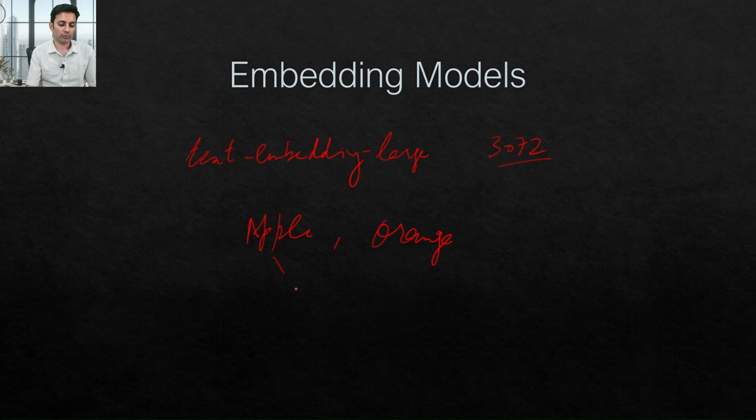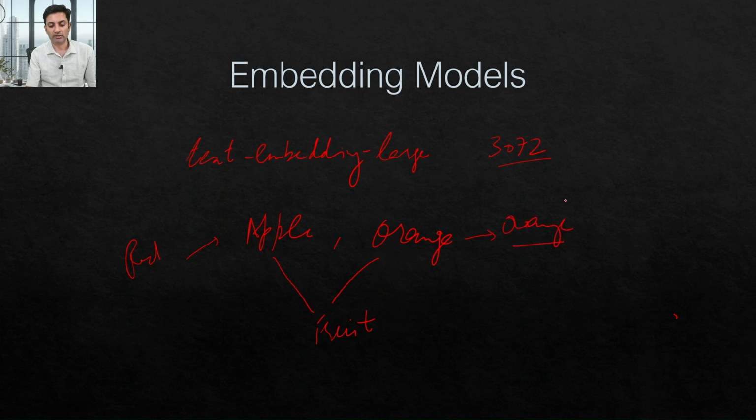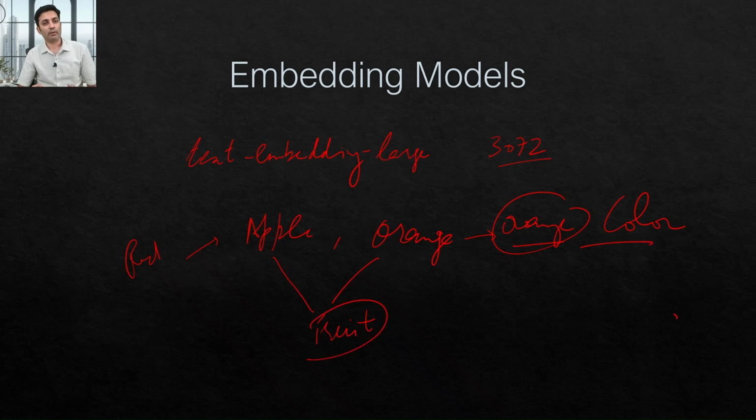For example, both are fruit. One is orange in color, one probably is red in color. So color is a dimension. Another thing we can add is where does apple originate or where does orange originate, basically origination.